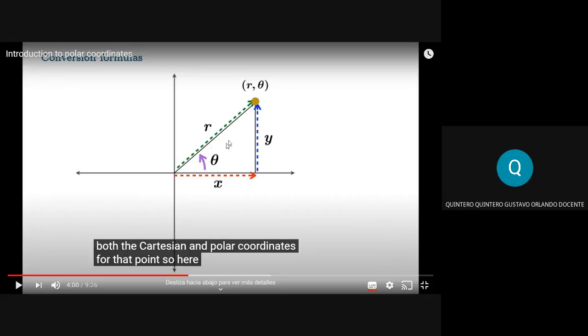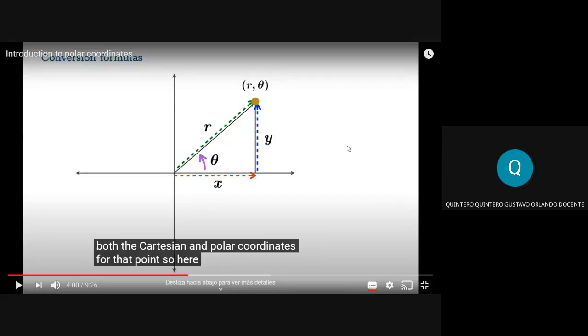But also theta and r are the elevation and the hypotenuse, if we were to call it that way, of this triangle, which are the polar coordinates. So in this triangle alone, we can see the connection between rectangular coordinates and polar coordinates. And this is exactly what we're going to use to change from one coordinate system to the other.